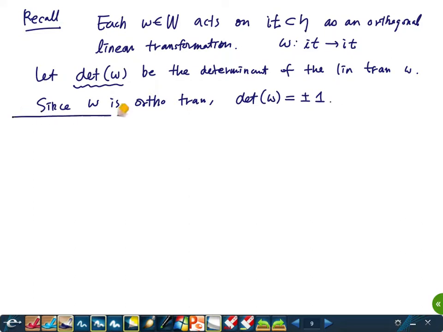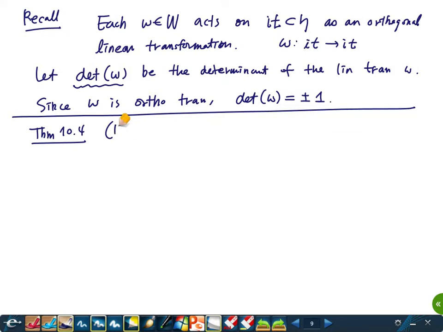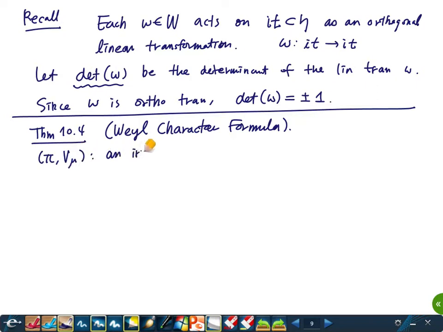So now I can finally state the theorem. It's Theorem 10.4, the Weyl character formula. Suppose that we have an irreducible representation of G with highest weight mu.